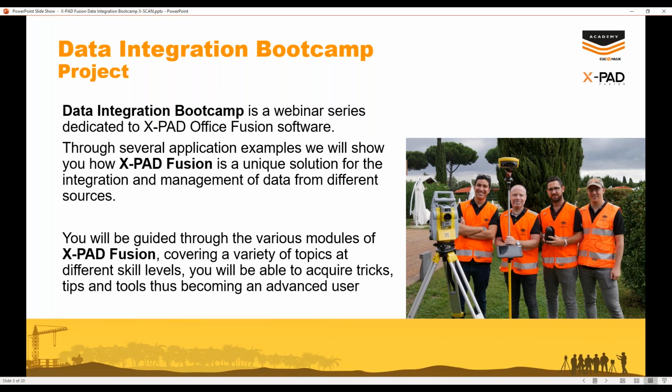With this webinar series, we will cover most of the main topics, but we will also give you some tricks and tips on how to become an advanced user of XPath Office Fusion software.